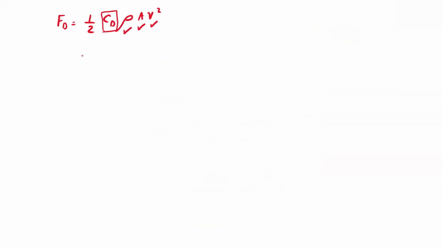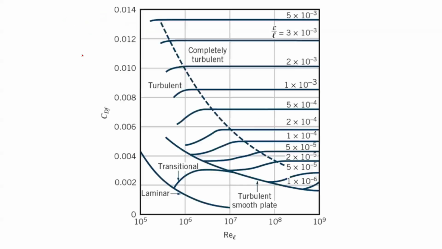Probably based on the graphs and tables that you have, you should find it. Since it's a long barge and the depth and the width in comparison with the length is very small, I can assume it's a plate, right? And I can use the graphs that I have, reading the number of CD for the plate.